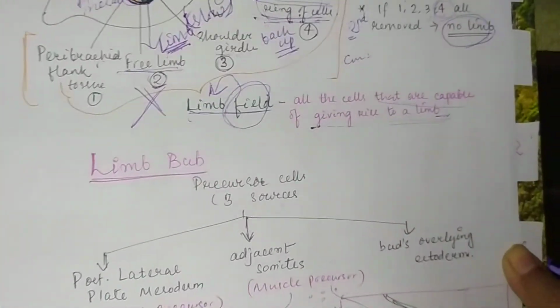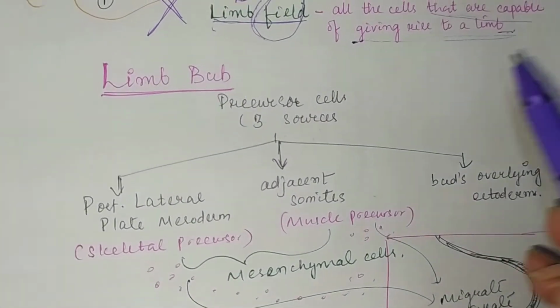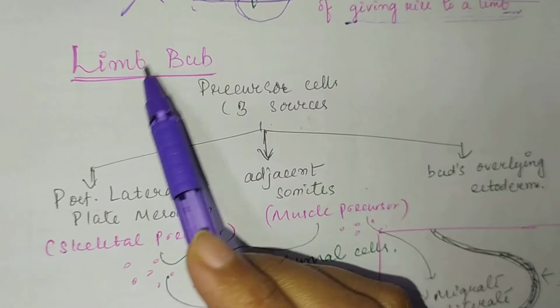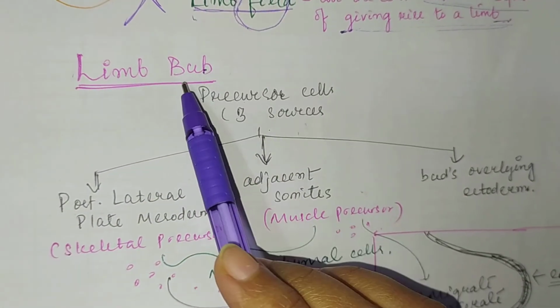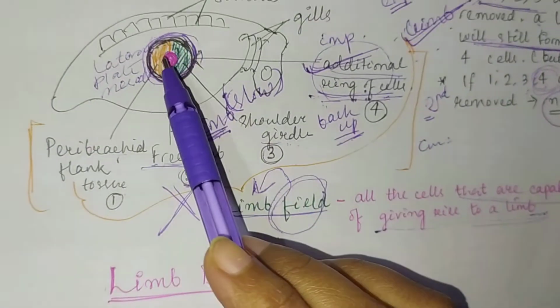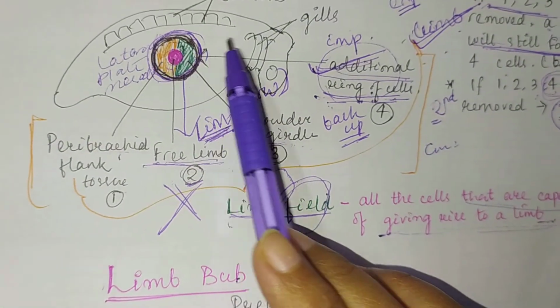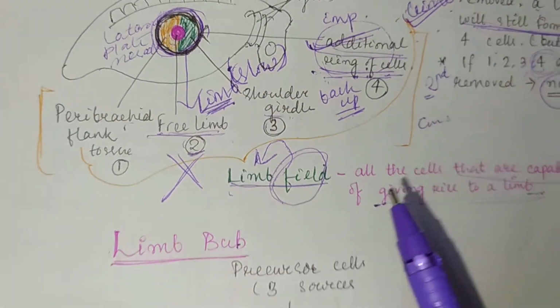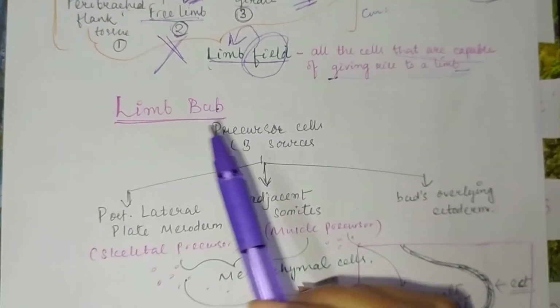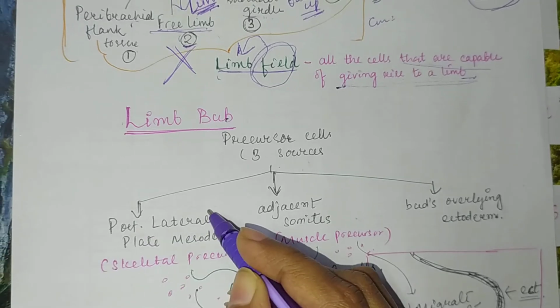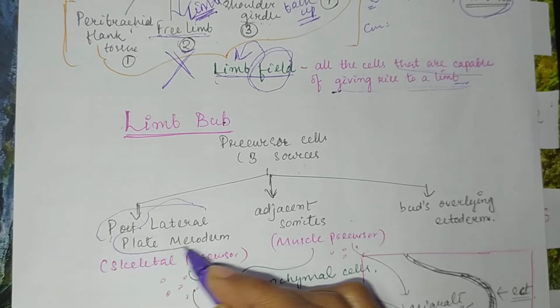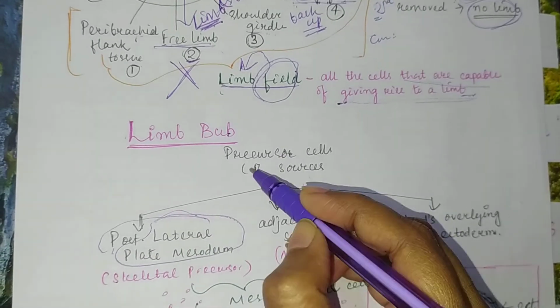Now, from this limb field, the limb bud will generate. Now, the limb bud does not consist only of lateral plate mesoderm.